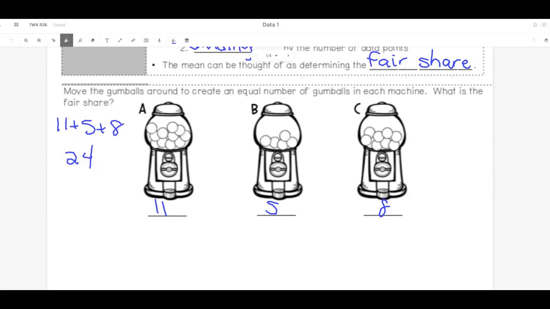And to get the mean or the average, we're going to divide by however many things are in our set. I have got 3 numbers in my set, so I'm dividing by 3. And that's a fact that y'all should know. 3 times what is 24? 8. Yes. The mean or the average equals 8.